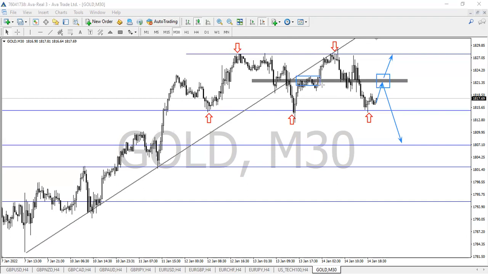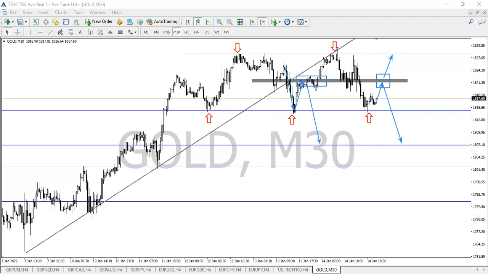If you look at gold from this side, someone with the same analysis, the time gold was here, that particular person was definitely sure. The time gold broke this point, that person was definitely sure that gold is gonna break this point, come and test here, and then from here gold is gonna go down. Then what happened?